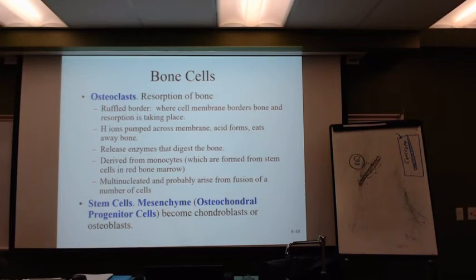So something else that is going to be found with this structure. Because we do have to build up, break down, repair, what did I say was the blueprint for bone? Hyaline cartilage. So, this is bone.